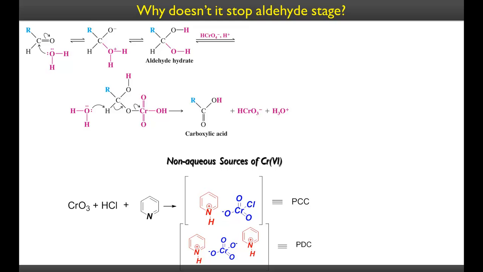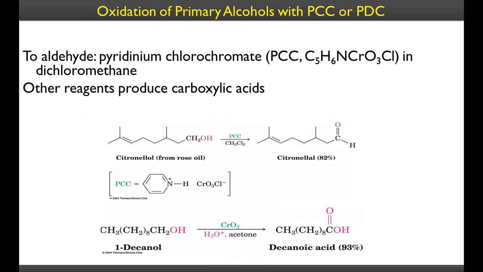This is still a chromium salt, but the power of oxidation is lowered a little bit compared to raw chromium trioxide. You are adding some pyridine so that you tone it down, and as a result, you can stop at the aldehyde stage. Right? So if I use PCC or PDC, I can stop the oxidation at the aldehyde. If I use chromium trioxide, I will go all the way to the carboxylic acid.